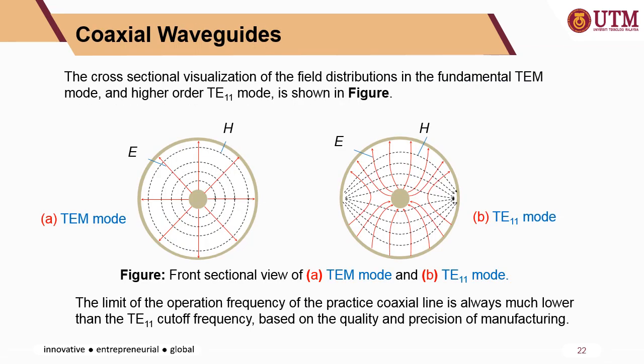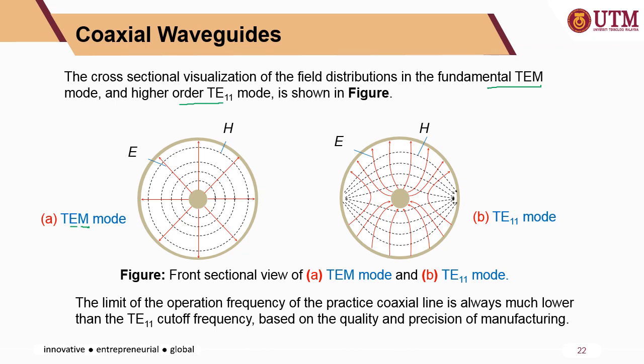Okay, this slide shows the cross-sectional visualization of the field distribution in the fundamental TEM mode of the coaxial waveguide and the higher order, or second mode, TE11 mode. In TEM mode, it's transverse electric and magnetic.